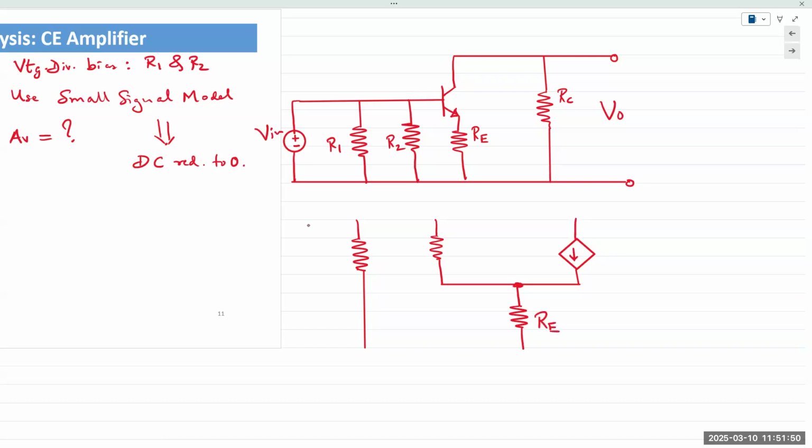So let me go ahead and write this down. This is RB, which is R1 parallel R2. This is R pi. And then at the output, we have RO.